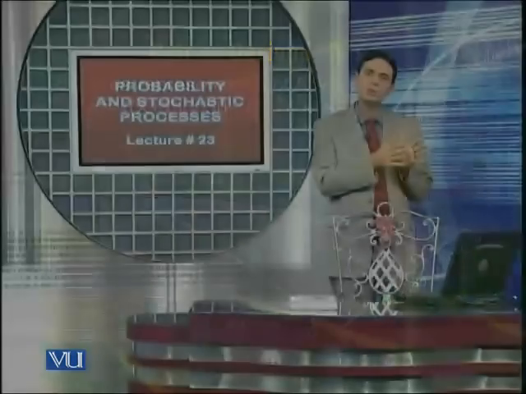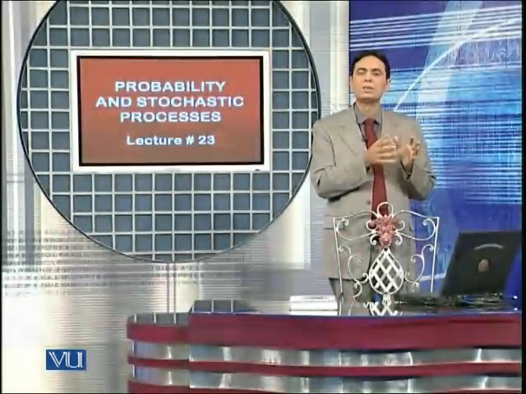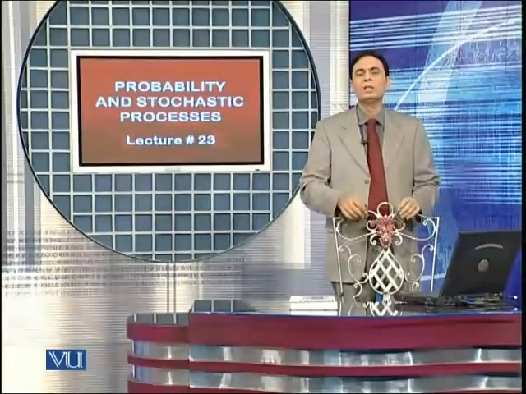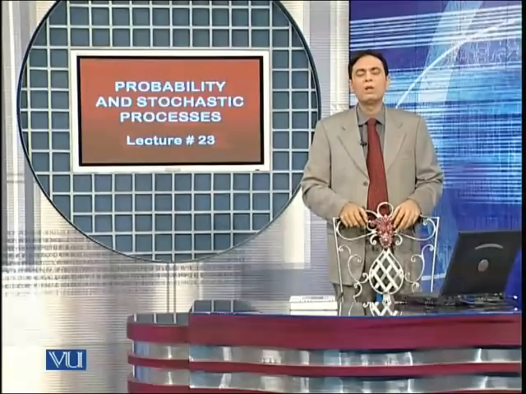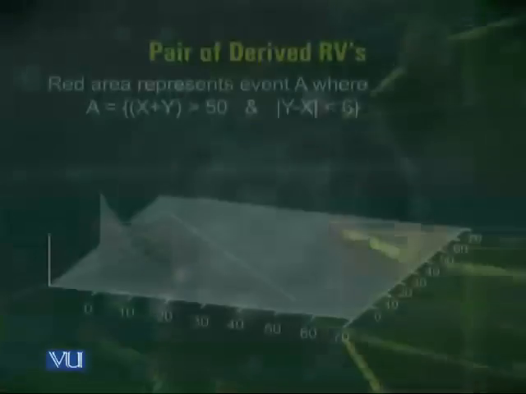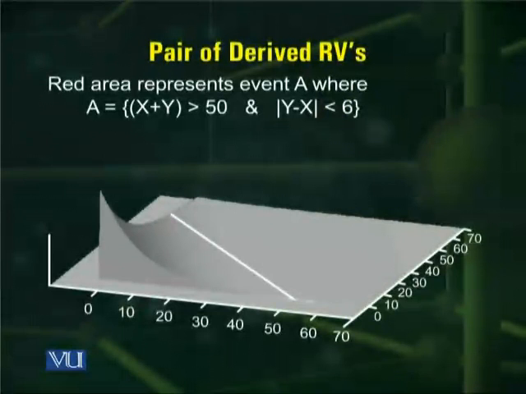The region closer to the origin represents those points (x, y) which give us a total service time of less than 60 months, and the region away from the origin, to the right of this 135-degree line, represents those points (x, y), the observations of two service times, which give us a service time of more than 60 months.